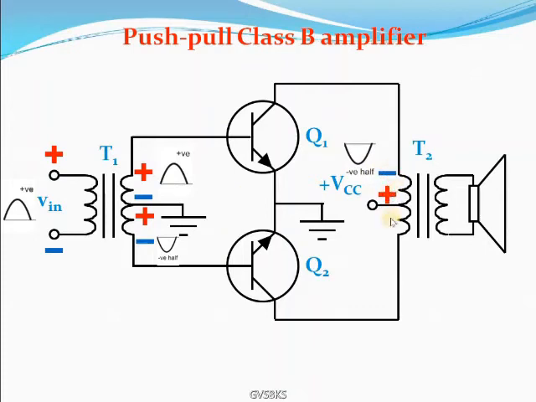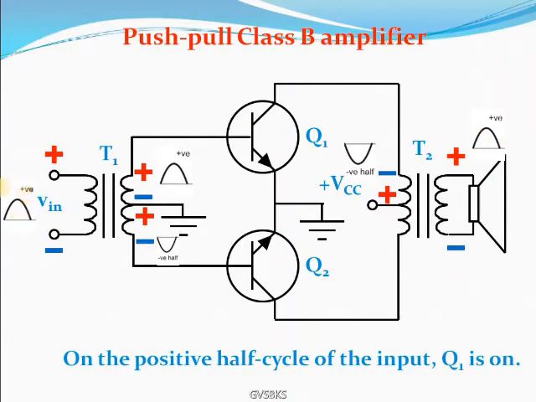If you observe the center tap transformer 2, the upper side has minus and plus, which means that a negative half cycle will produce a positive half cycle at the secondary of the output transformer. So the load current direction is a positive half cycle. We can observe that the input is a positive half cycle and the output load current is also a positive half cycle. Both are in phase.